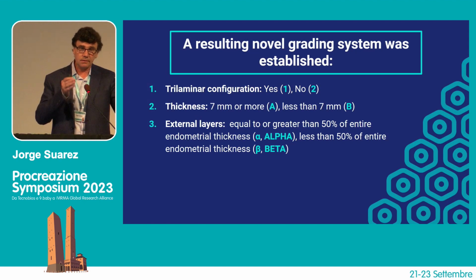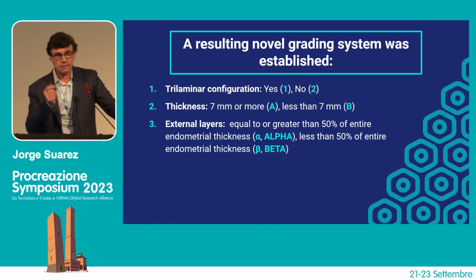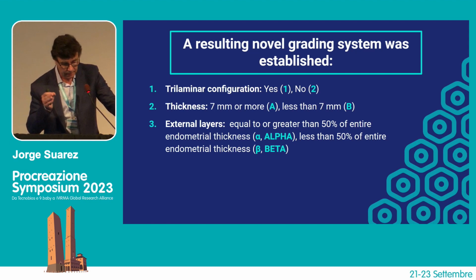If it's a trilaminar configuration, we name it category A or B. If the endometrial thickness is greater than or equal to 7 millimeters, we say A or B categories.